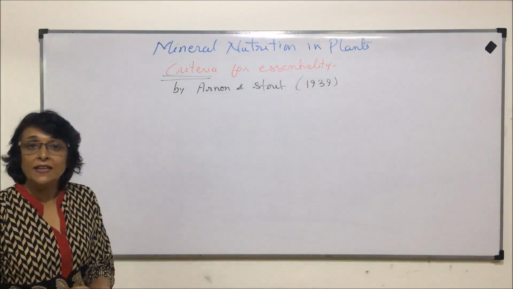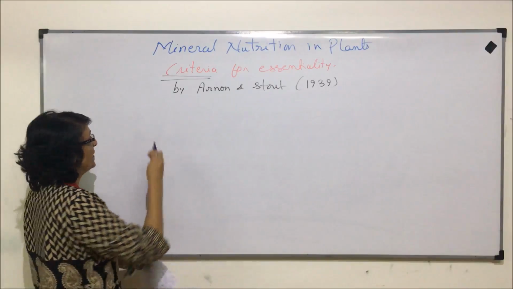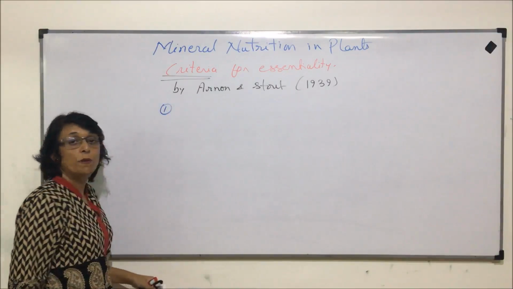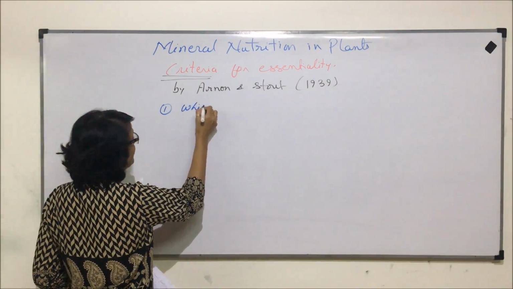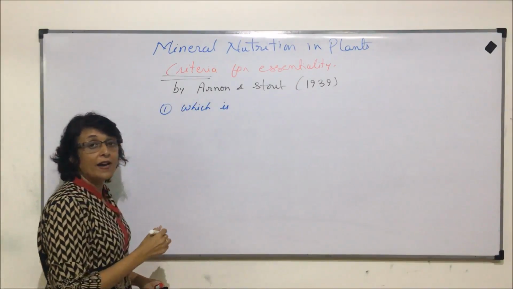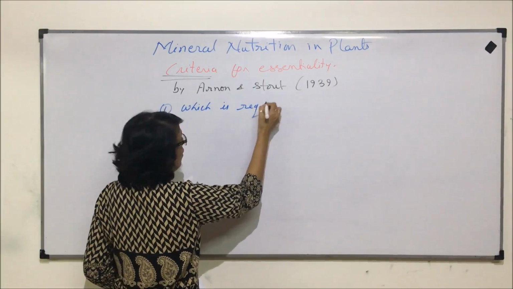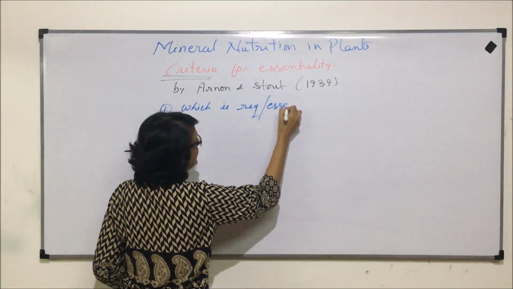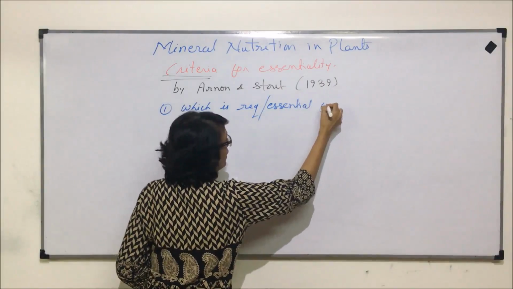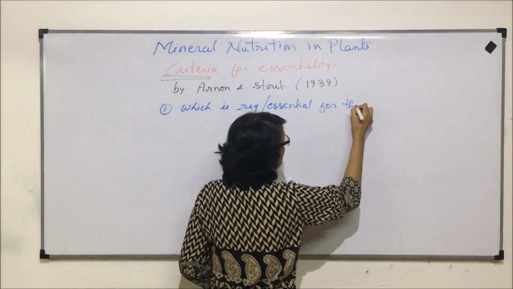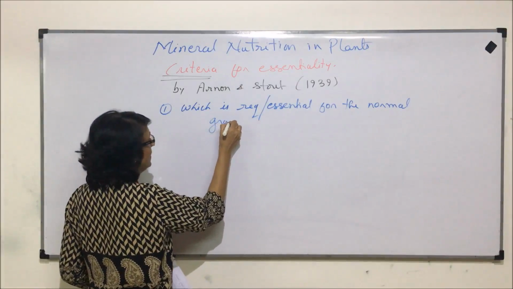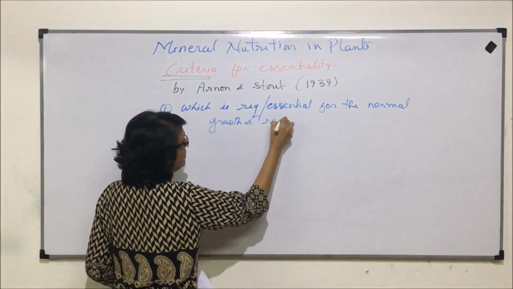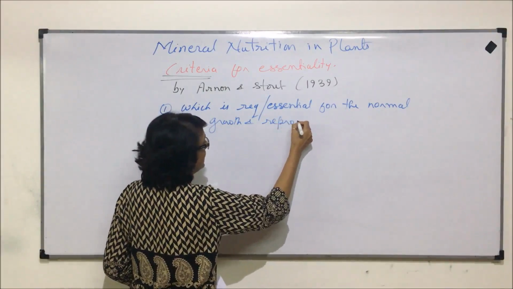The points or the criteria are: the first, that element would be considered as essential which is required or essential for the normal growth and reproduction of the plant.